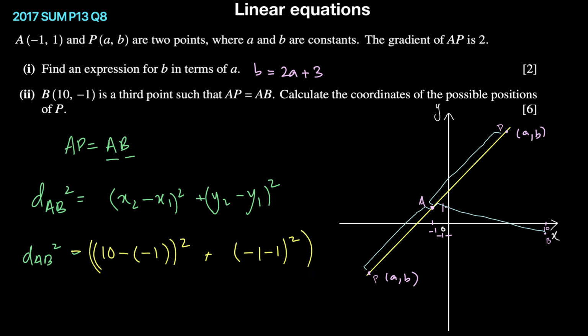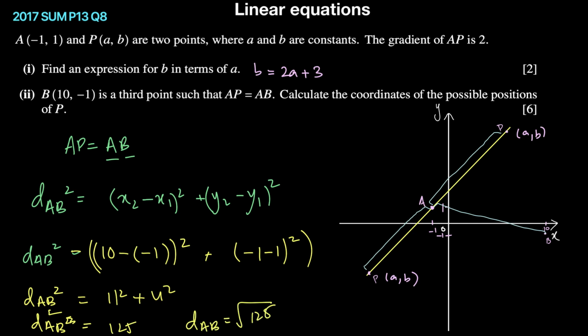So the distance AB squared is equal to 11 squared plus 4 squared. Hence the distance AB squared is equal to 125, and the distance AB is equal to the square root of 125.